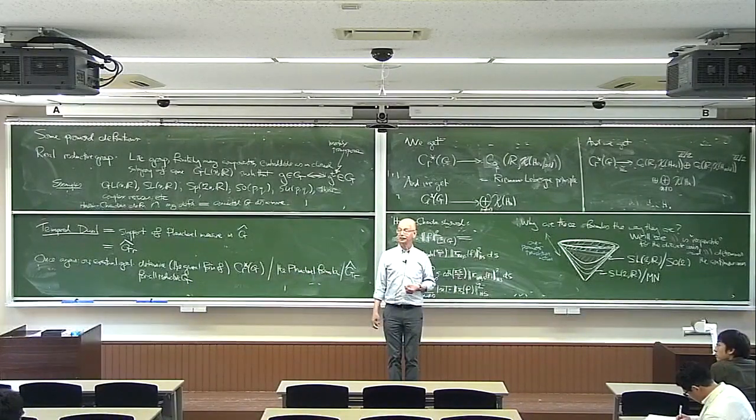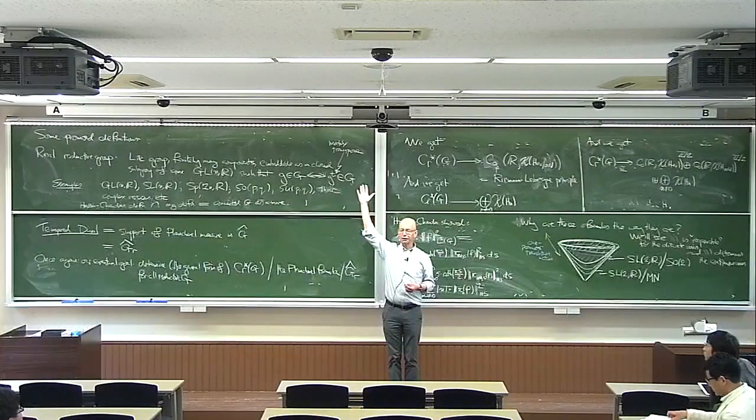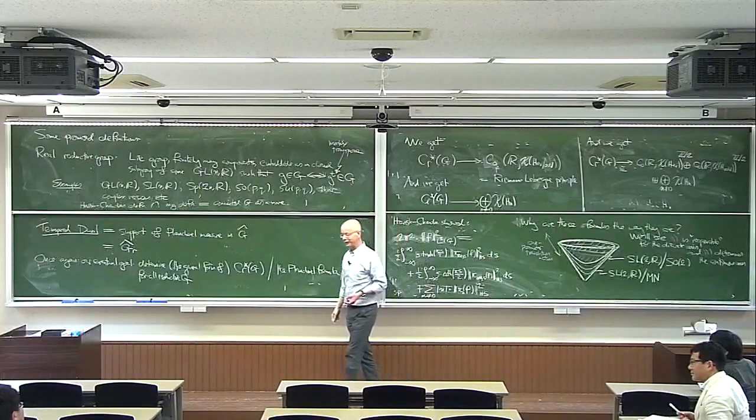And so my question is, did you see this before? Do you know the Weyl character formula? Do you know about highest weights? So hands up, all of those who know representations of compact Lie groups. One, two, okay. Oh, not everyone.